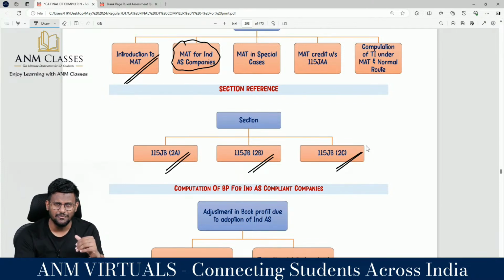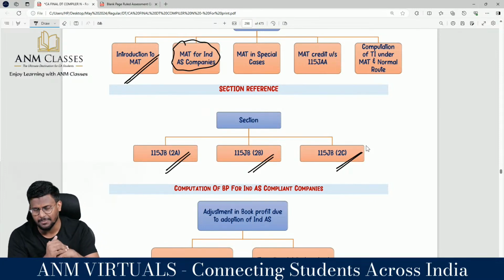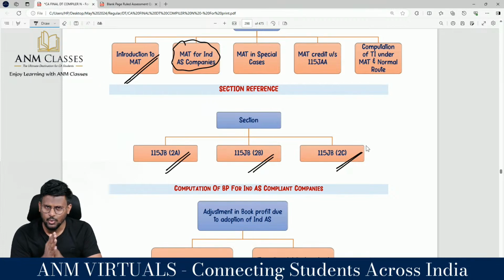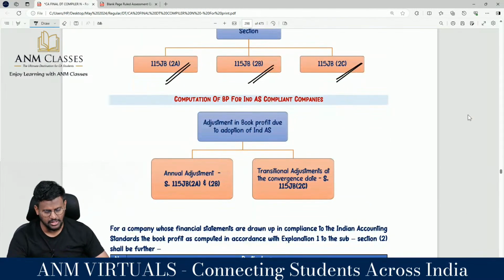The sub-classification is MAT for Ind AS company, which is 115JB subsection 2A, 115JB subsection 2B and 115JB subsection 2C.